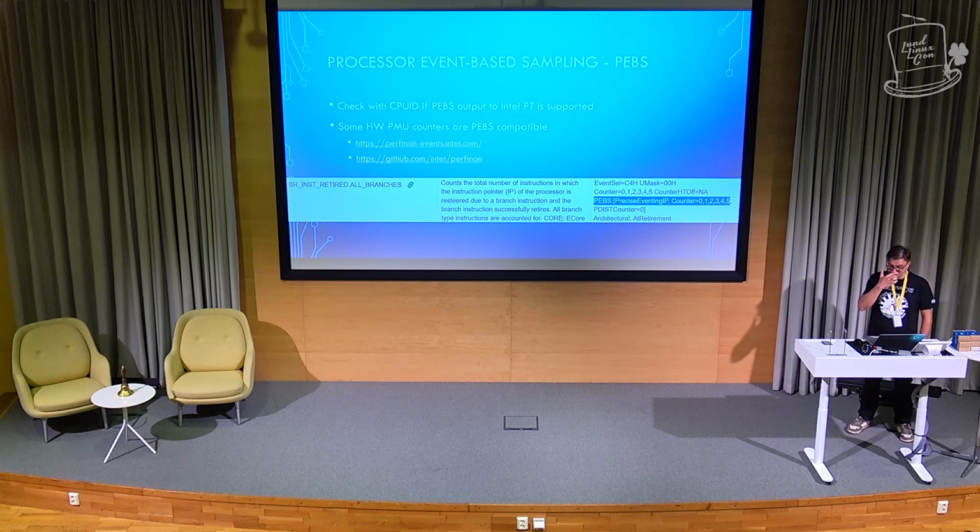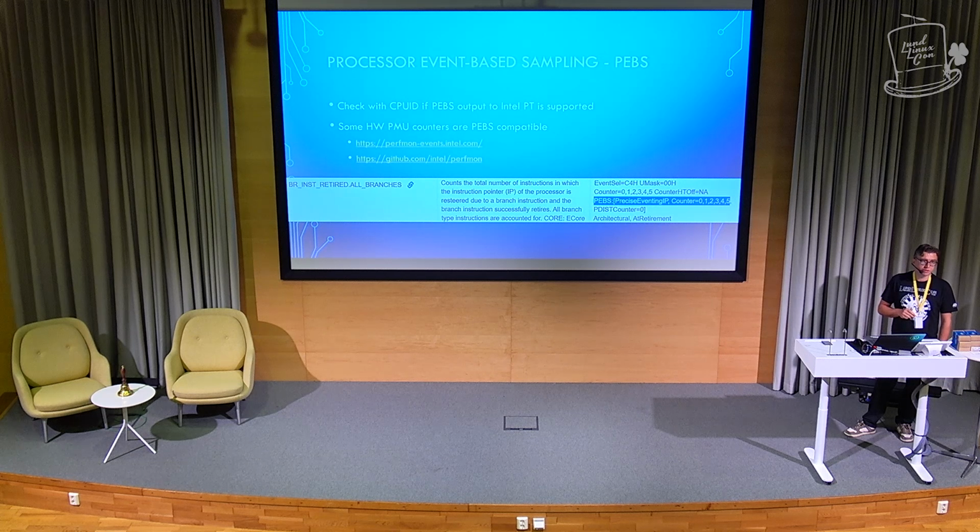But anyway, let's say you got a counter and you map this event into a PMU counter. Then, given that you have PEBS capability with Intel PT, every time this event is triggered by the software execution, which means you have branch instructions being retired, you will get packets into the processor tracer.